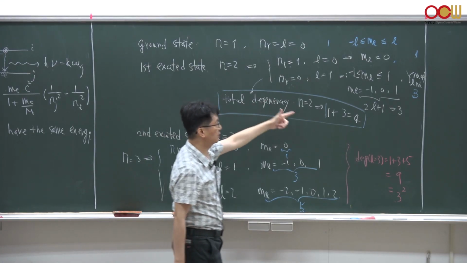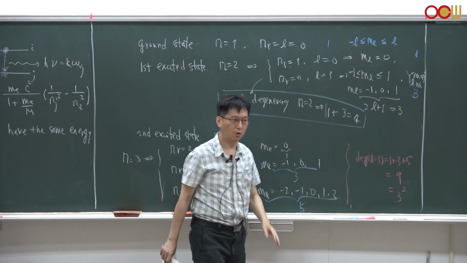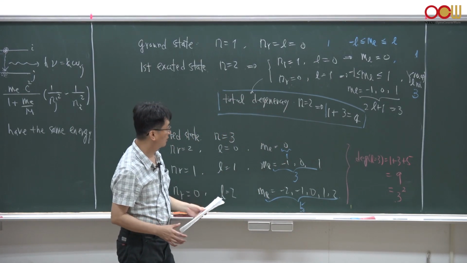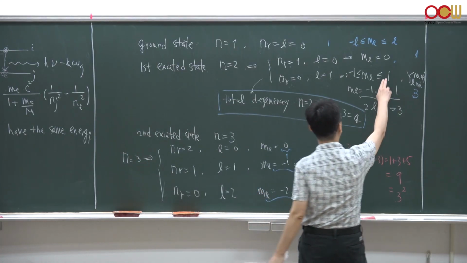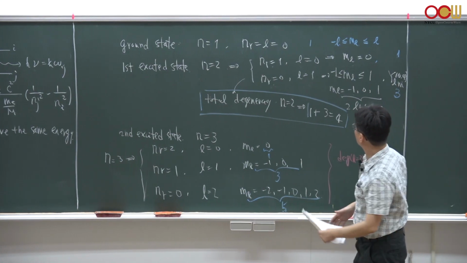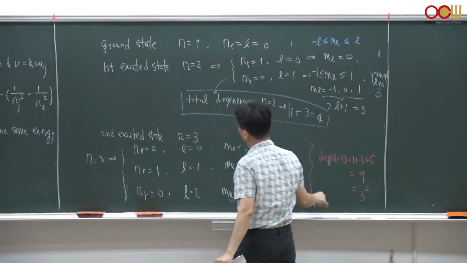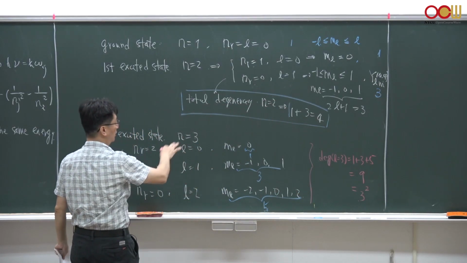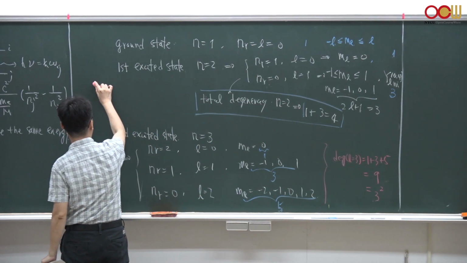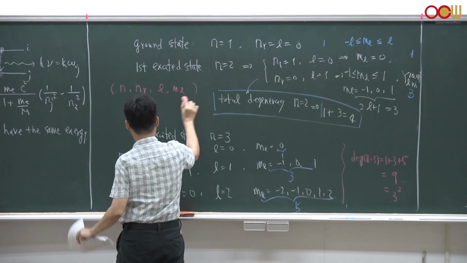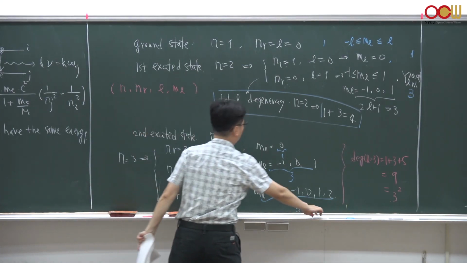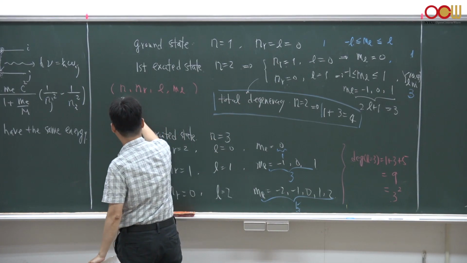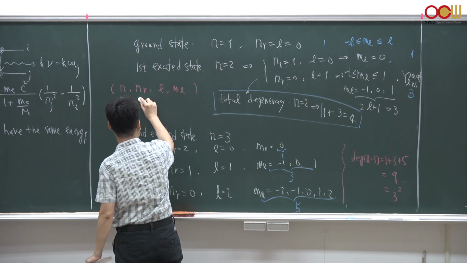But these 4 states are all different states. Why? Because they have all different quantum numbers. If you look at the combinations of these 3 numbers, you'll see that they are all different. Although they have the same principal quantum number, they have all different situations.